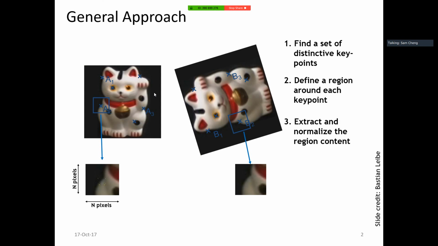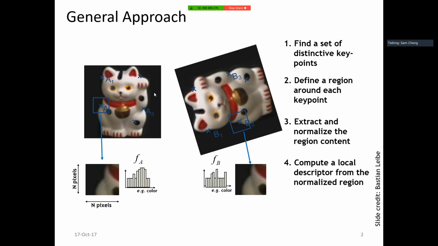That descriptor hopefully will be distinct as well. So you hope the descriptor is invariant to scaling, rotation, and so on and so forth. This is just an example for that. Essentially, if you have a bunch of these descriptors and you're able to match them, then you're able to identify this object is this object, and so on.